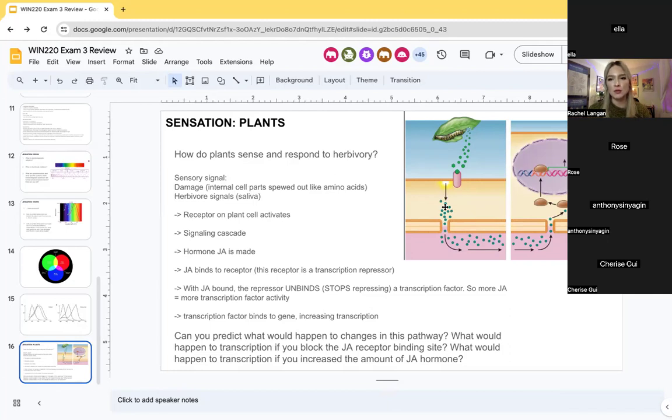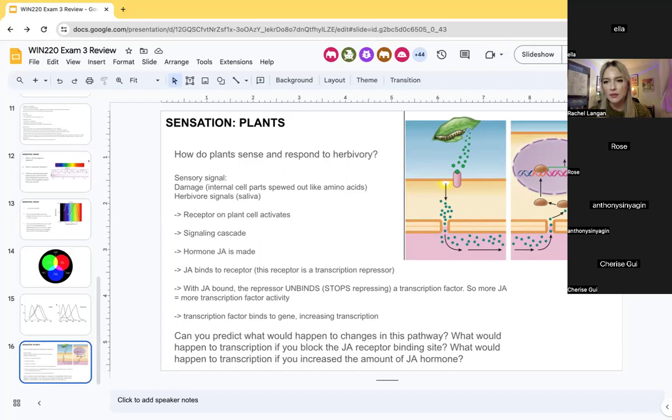And that hormone will travel within the cell and also out all across the plant. And if there's receptors for it, then JA will bind to the receptor. And that receptor is a transcription repressor. So in the diagram, the little tiny circle is JA, the hormone.